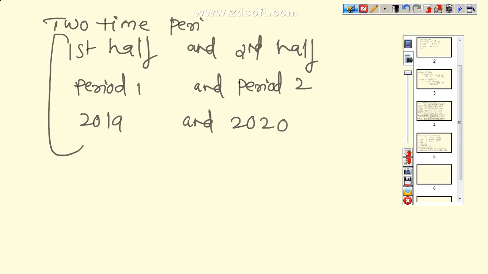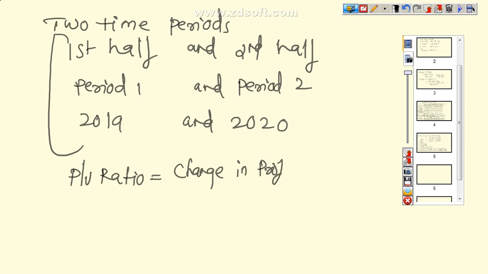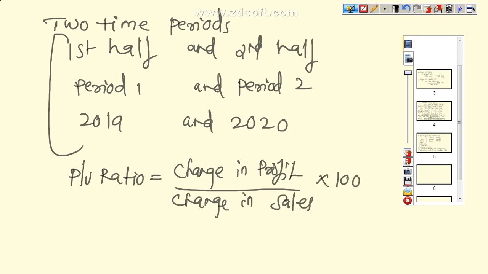PV ratio is equal to change in profit upon change in sales into 100. So according to the question we have to consider which formula to apply.